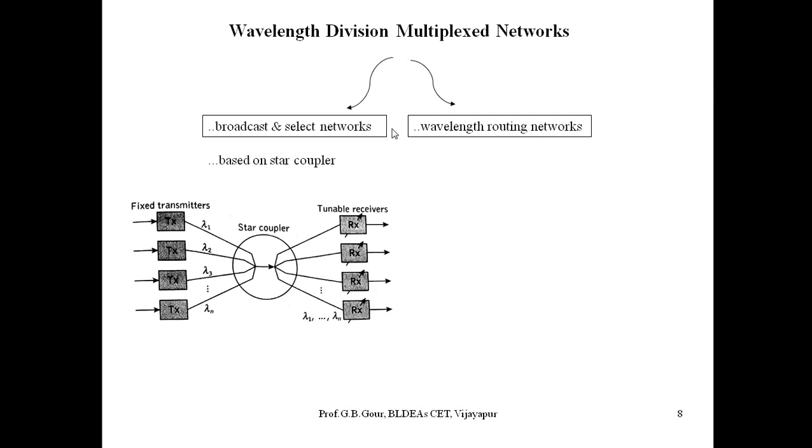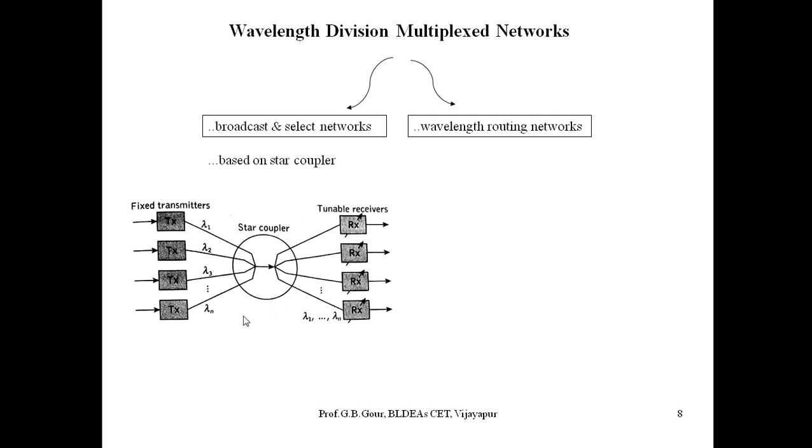In the broadcast and select networks, which are based on the star coupler, here you can see the star coupler, and on one side you have the fixed transmitters, and on the other side the tunable receivers. What is happening here is that we broadcast the signal with the different transmitters. Unique wavelengths are broadcast, and the receivers, which are tuned to a particular wavelength, receive it.